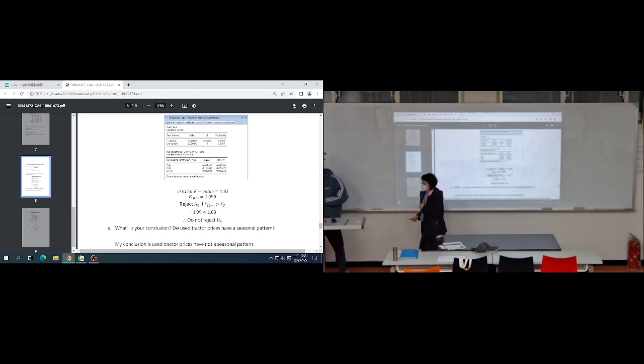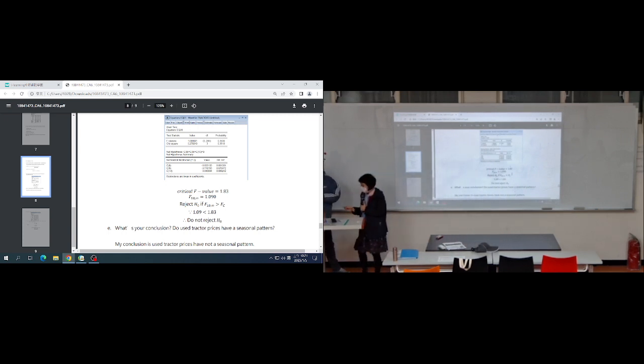Since we have 365, which is larger than our 120 in the tables, usually I'll use 120 instead of infinity because 365 is more close to 120. So the number is 2.68 instead of 1.83.